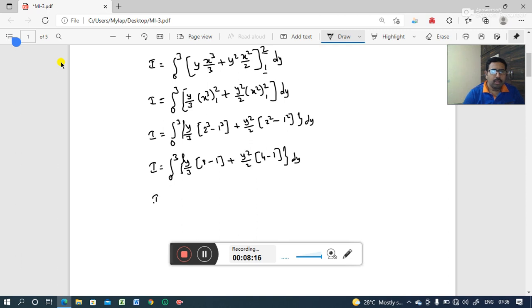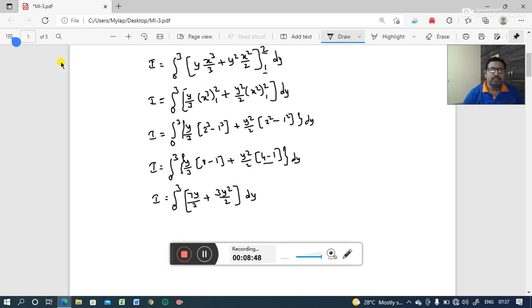Now I is equal to integral 0 to 3 as it is. 8 minus 1 gives 7, so we can write it as 7y by 3. Plus here 4 minus 1 gives 3, so we can write it as 3y square by 2 into dy. See, we simplified.